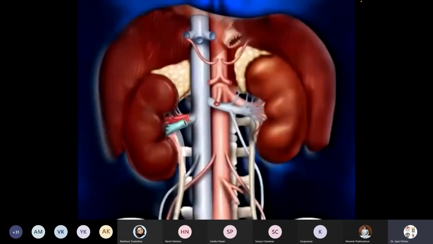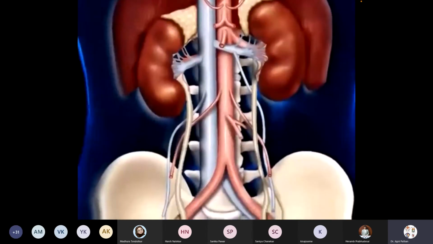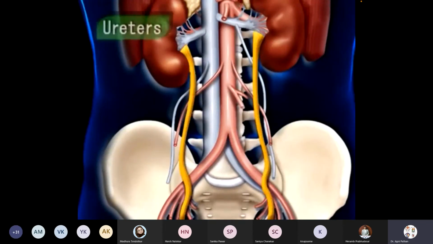Healthy kidneys act like a strong filter to make sure the right amount of wastes and fluids are removed from our body. As each kidney makes urine, the urine slides down through a long tube called ureter.